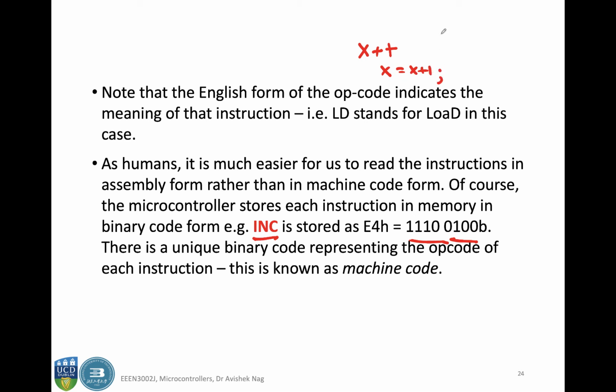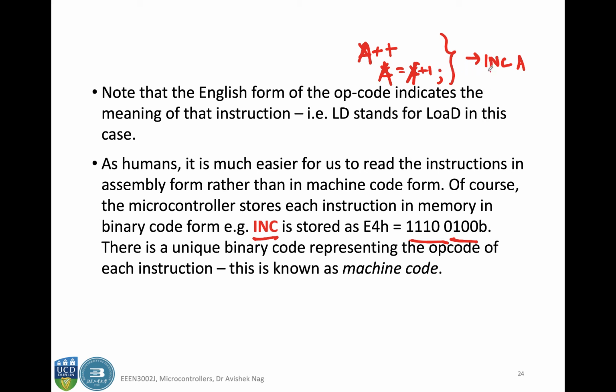So this is translated to INCA, let's say we take A here. So A plus plus means increment, or A equal to A plus 1 also means increment in a high level language.